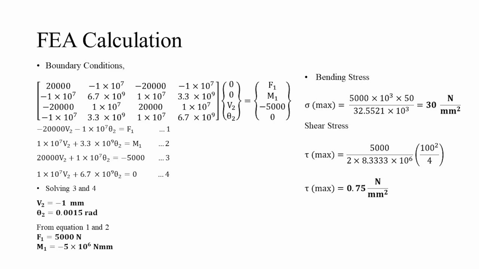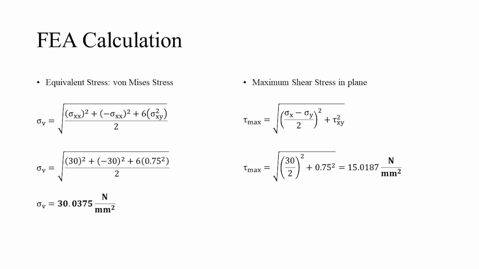And at node 1, unknowns are force and moment. At node 2, we have force equal to 5,000 newtons in a downward direction with 0 moment, and the unknowns are theta and vertical deflection. We obtain the equation, which is solved for finding the unknowns. From the obtained unknowns, the force and moment are also calculated.